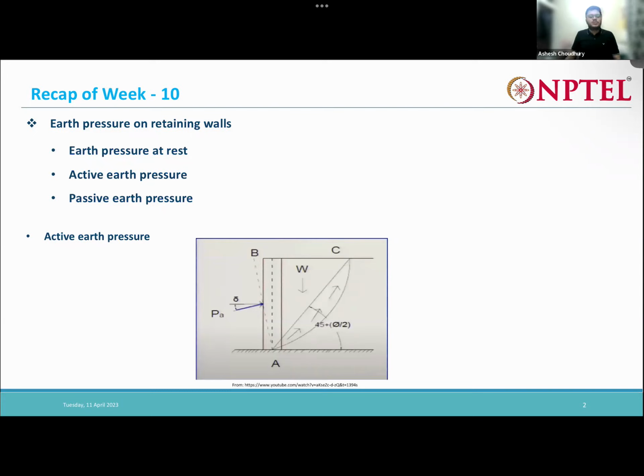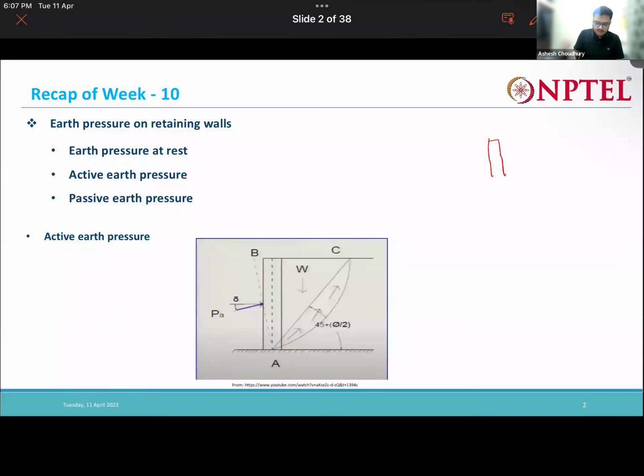Earth pressure at rest means there is a retaining wall retaining some amount of soil. That soil is known as backfill soil. There is no movement of the retaining wall. Say this is the wall, and soil is there.